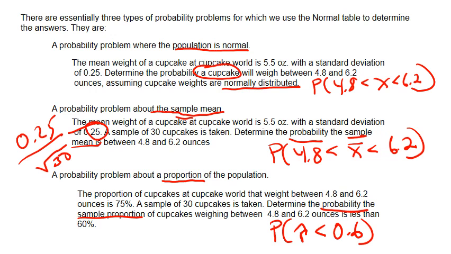So, if I'm talking about a proportion, you know you're automatically going to the normal table. You'd be working with the population proportion, subtracting that, then calculating sigma of p hat, the square root of p times 1 minus p over n. Got it?